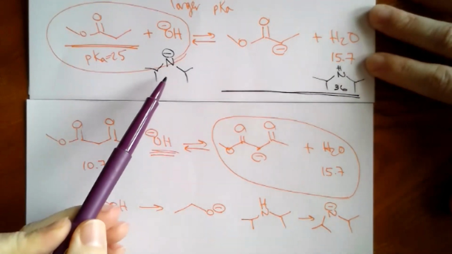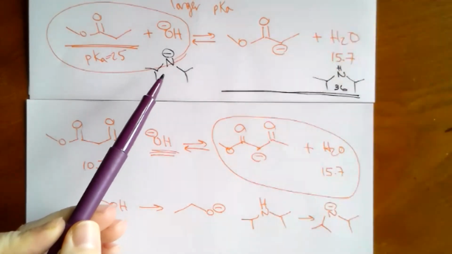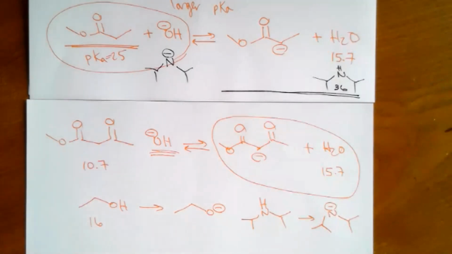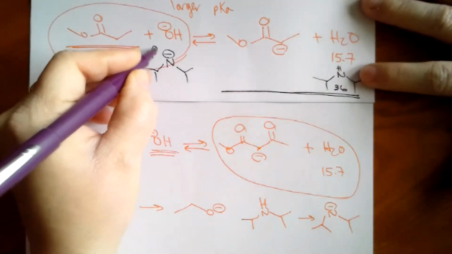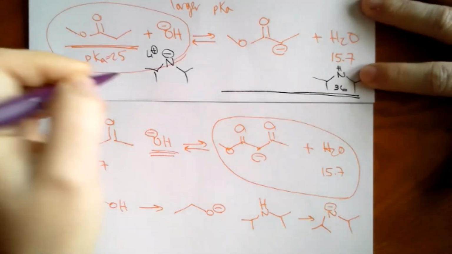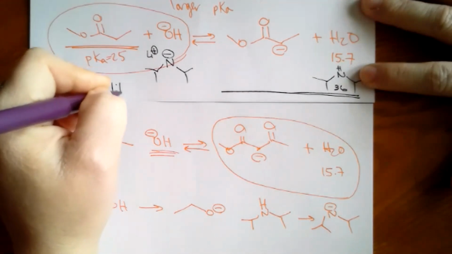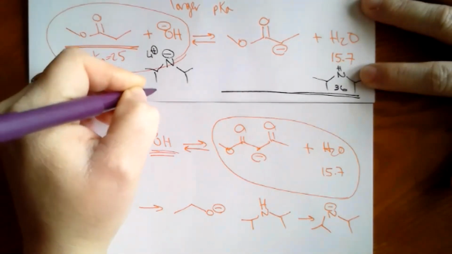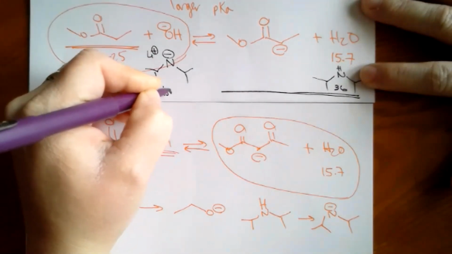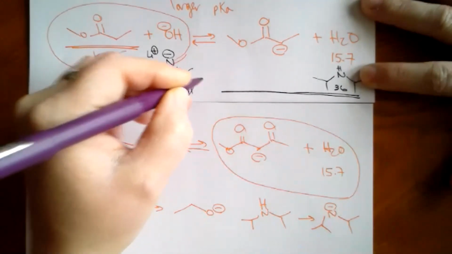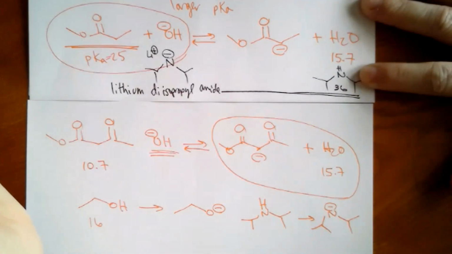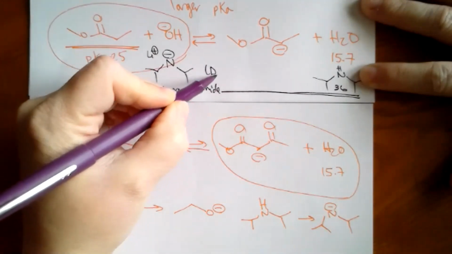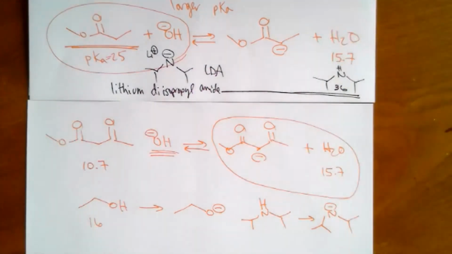So this thing favors formation of the product. This thing often comes along with lithium as the counter ion, and his name is lithium diisopropyl amide. He gets an acronym because he's so famous, LDA, lithium diisopropyl amide.